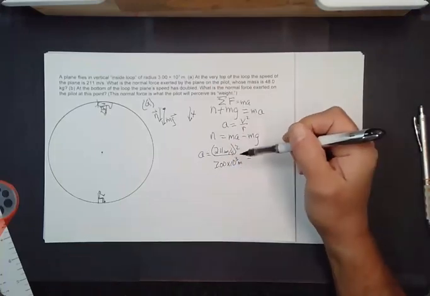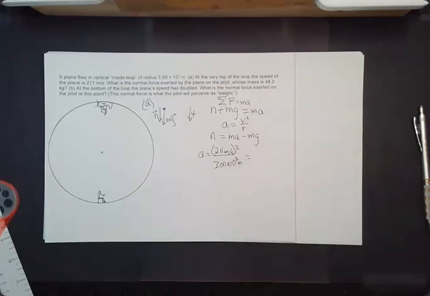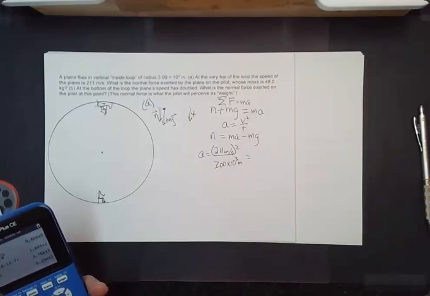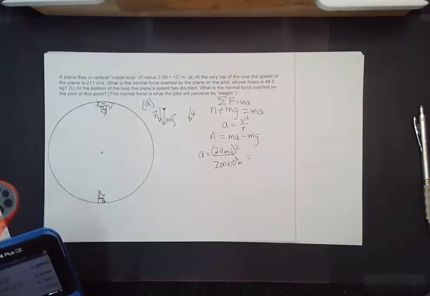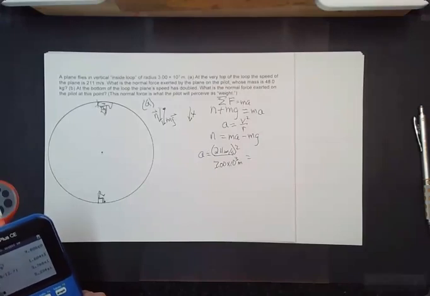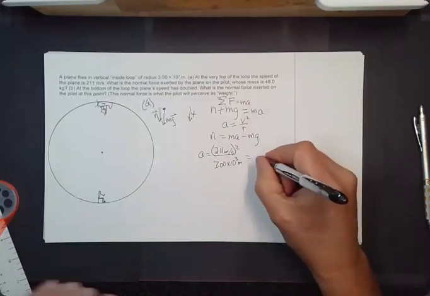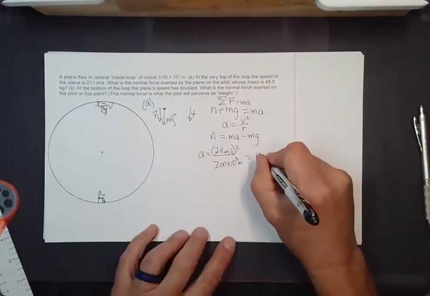Unit-wise, meters squared per second squared divided by meters will give us meters per second squared, and that's what we want for acceleration. And I get about 14.8 meters per second squared.